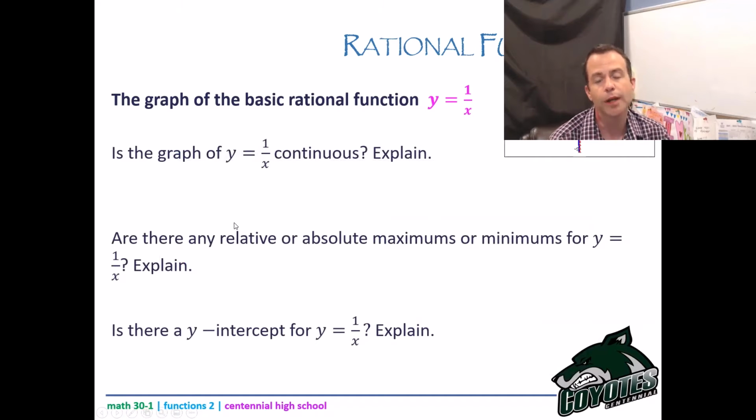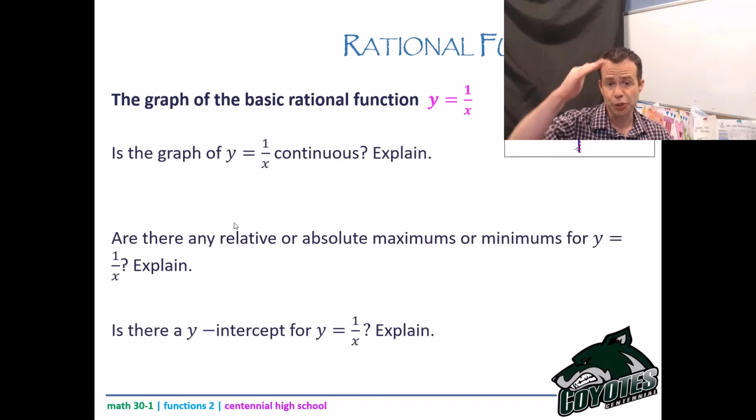Is the graph of y equals 1 over x continuous? Now, the definition in math at the moment for continuous is, and I say at the moment because there's a finer definition that we'll get into in calculus, but for now, continuity means that I can draw this whole thing without ever lifting my pencil. That's not possible because of that vertical asymptote.